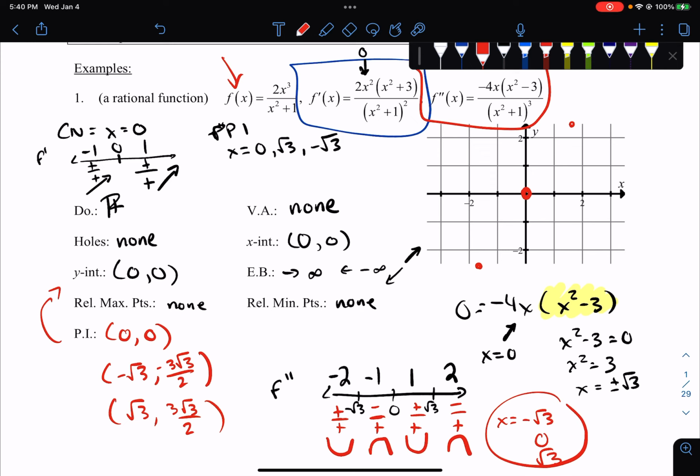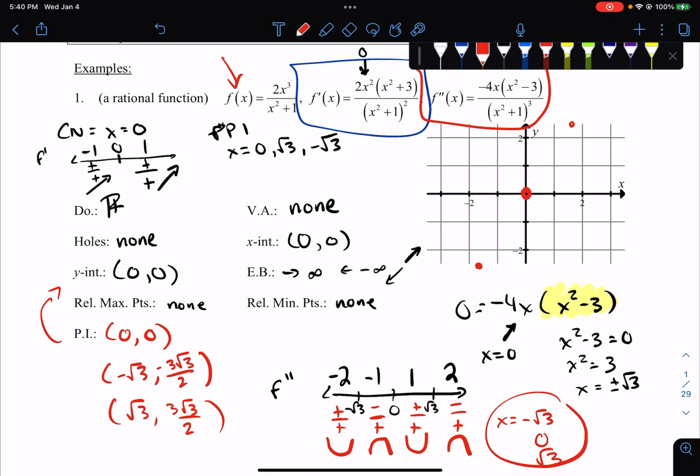So now I know that my function is always increasing, meaning it's always going like this, because when I found my critical numbers and used my derivative, I saw that my function is always going up. But it's not always concave up or concave down. It switches. So before I hit this point, negative root 3, I'm concave up.